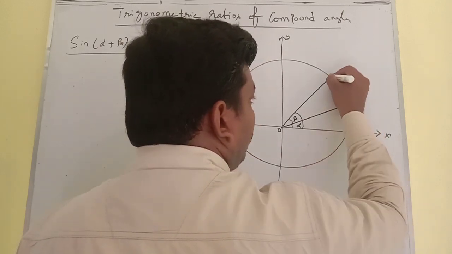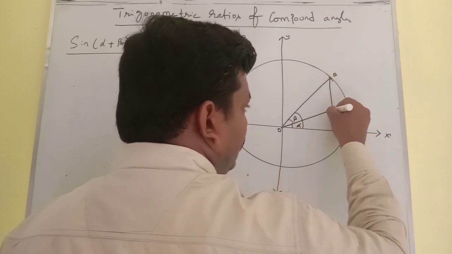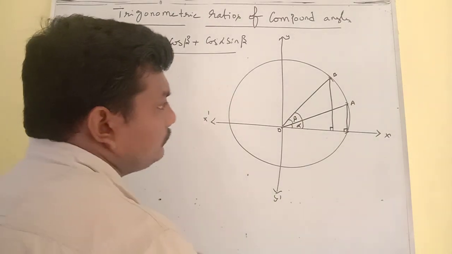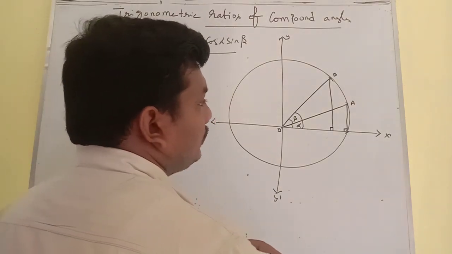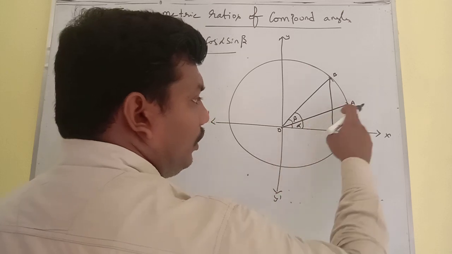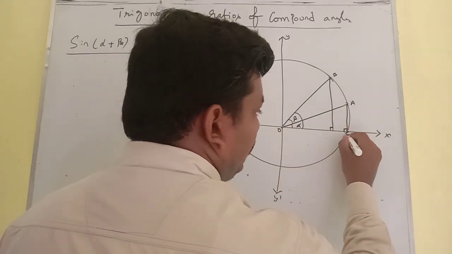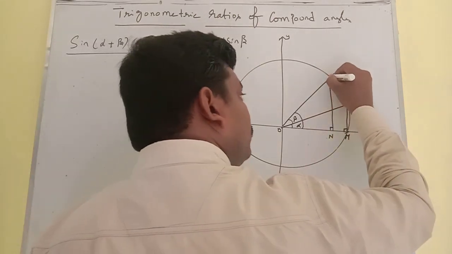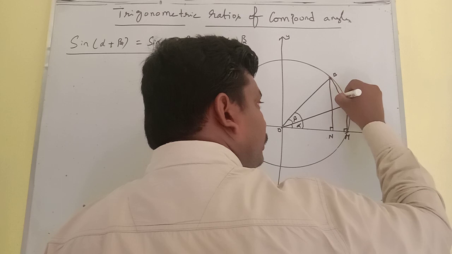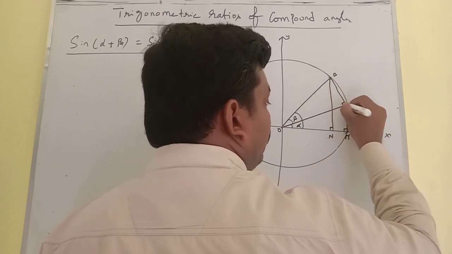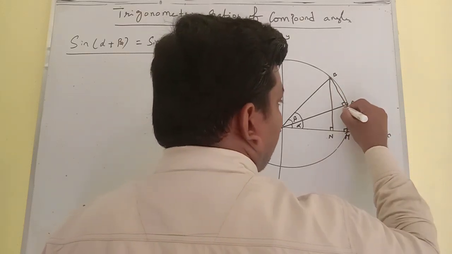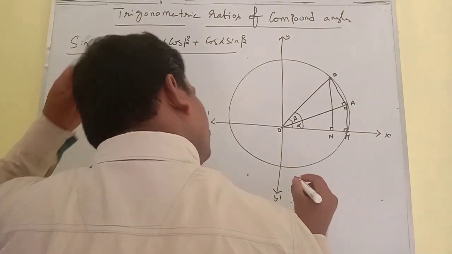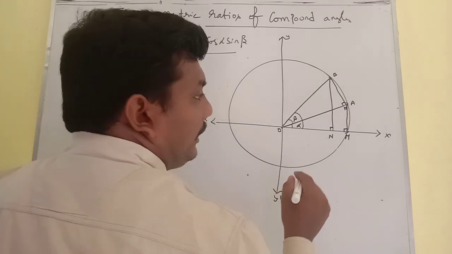This is point M, this is point N, and we take one more perpendicular from B to A. So we are getting three right angle triangles now.